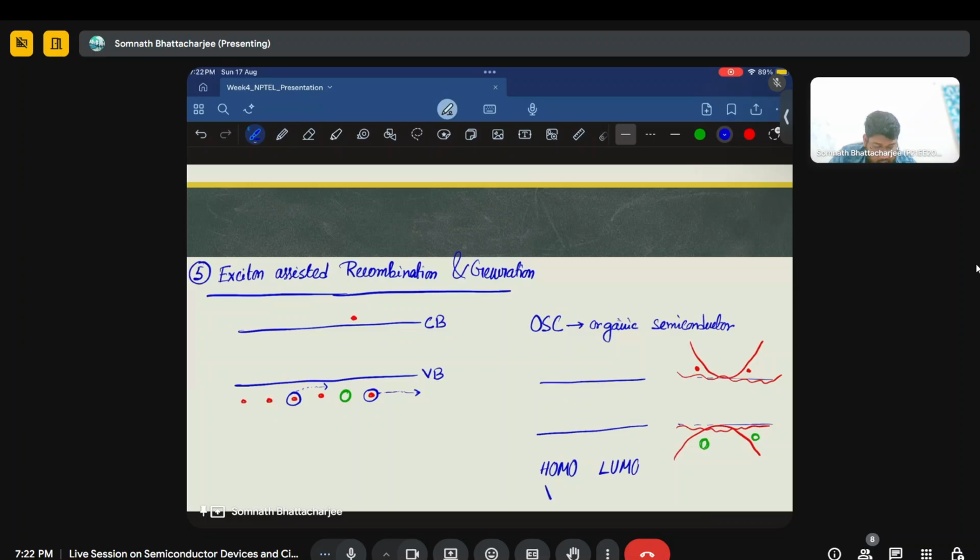Whereas LUMO is the lowest unoccupied molecular orbital, which has a similarity with the conduction band. Based on this phenomenon, there can be several of these kinds of atoms which can freely move inside this semiconductor. This kind of phenomenon, that is the excitation assisted one, happens mostly in the organic semiconductors.